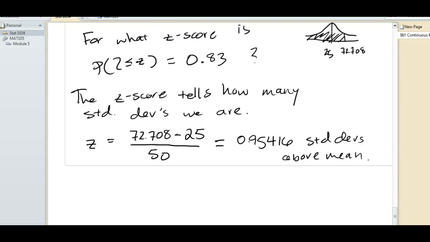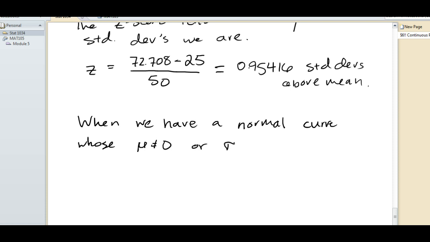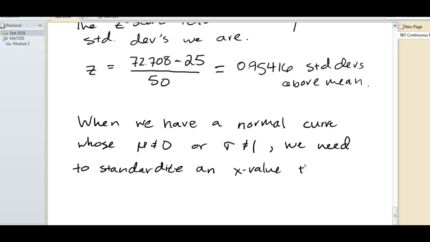So that's something we should note. When we have a normal curve whose mean is different from 0, or the standard deviation is different from 1, we need to standardize an x value to get a z-score.